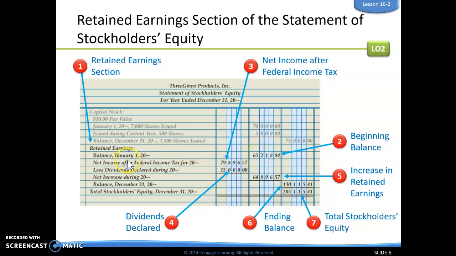This number here, our net income after federal income tax, we would be looking at our income statement to find. Less our dividends declared, this $15,000, this is going to come off of our adjusted trial balance. Now, these two numbers we subtract to get our net increase. These two numbers we add together to get our balance on December 31st.